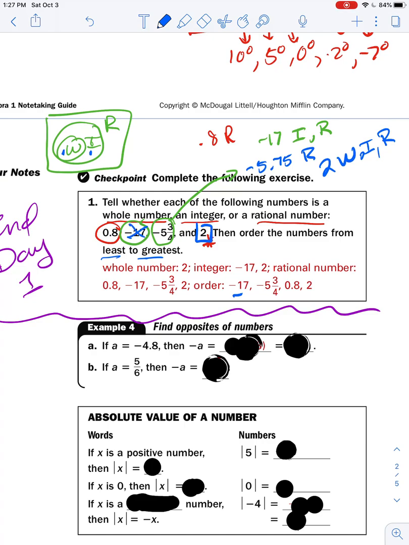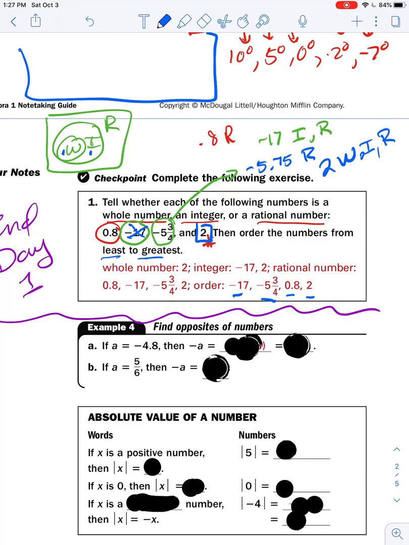Then my next negative, as I get closer to 0 on the number line, would be the -5 3/4. Then as I go into the positives, 0.8 is going to be less than +2. So that's the kinds of things you need to be thinking about. We need to be thinking about what's the classification and then what order do they go in.